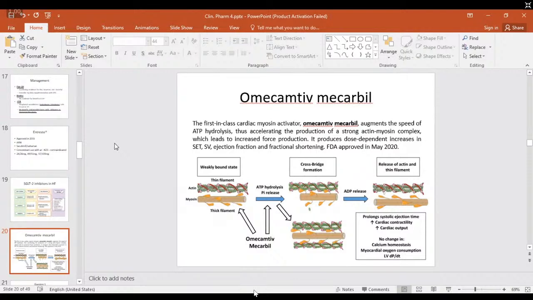So we're still waiting to see whether omecamtiv mecarbil is going to have an effect on mortality. But it's one of the potential drugs to be involved in the therapy of patients with reduced ejection fraction.